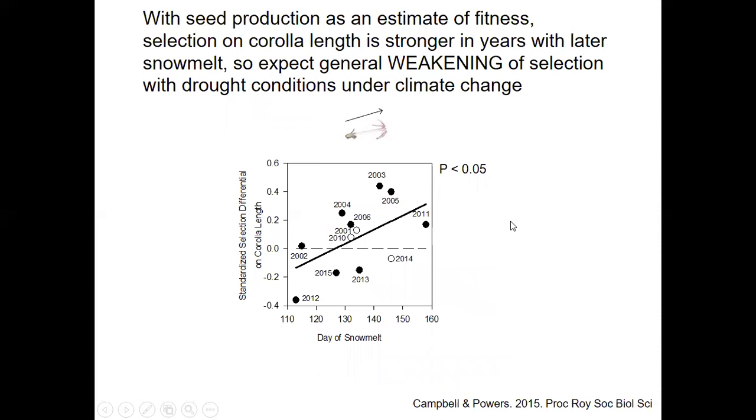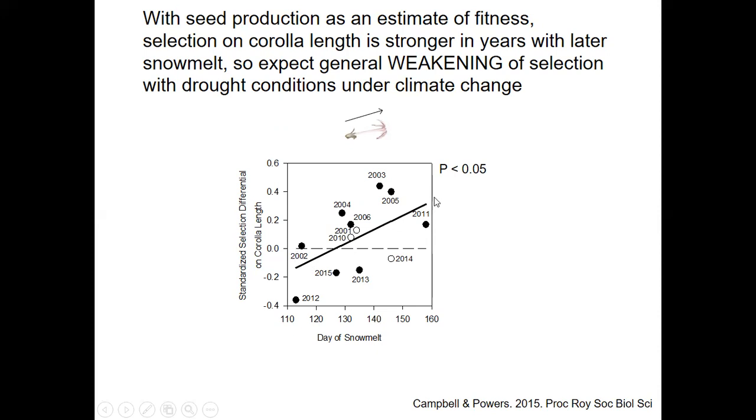So if we take those measurements of selection, so these are the estimates of the standardized selection differential on corolla length, and plot it as a function of the day of snowmelt in the spring for that particular year, you can see that in years with early snowmelt, selection is weak, it's near 0.